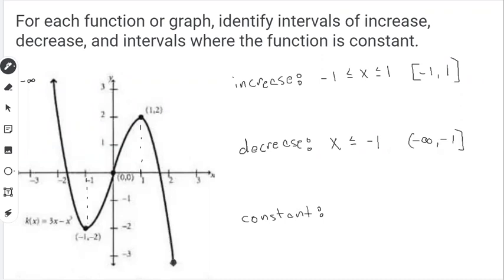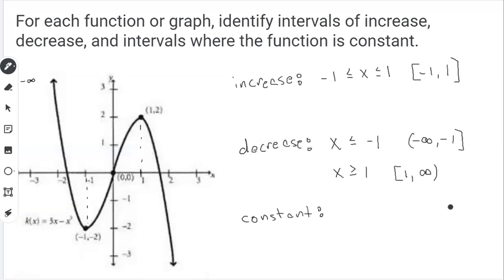It starts decreasing. So we can say x is greater than or equal to +1. And the way I would write that is from 1 to positive infinity. The function is decreasing. And that's it. We're done. We labeled all the intervals moving from the left side all the way to the right side.